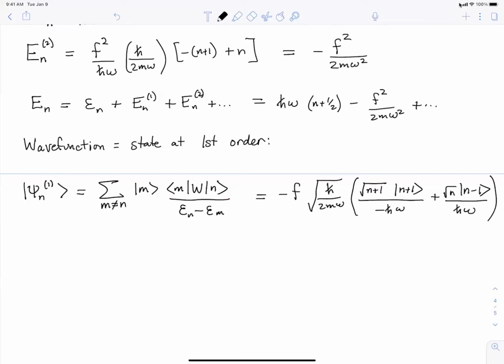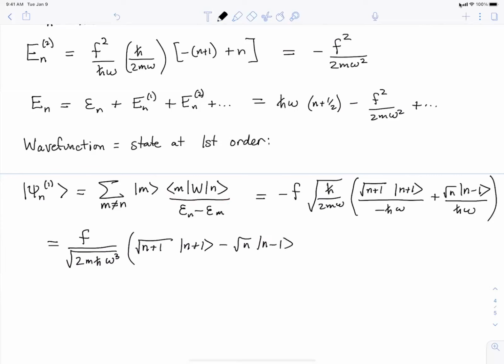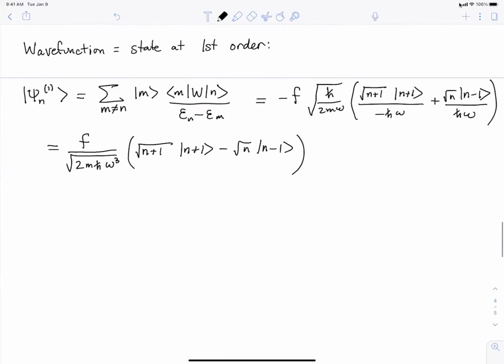Okay, and so we just need to make this a little bit prettier by getting rid of the minus signs and putting together things under square roots. And then what's multiplying that is square root of n plus 1 |n+1> minus square root of n |n-1>. Okay, so that's the first order correction to the state.